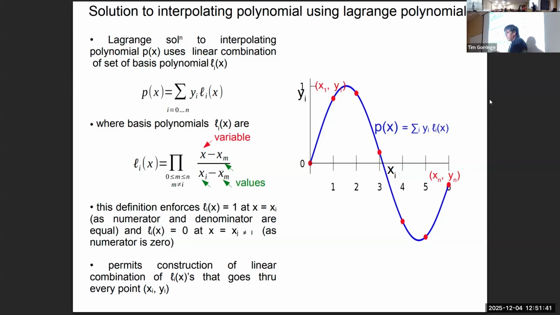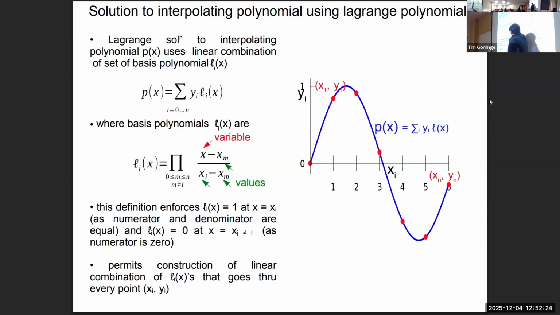This expression has the important property for basis polynomials that, for example, if you took L0, it would be equal to 1 at the value of x0, and it will be equal to 0 for all the other values of your independent variable, so x1, x2, up to xn.